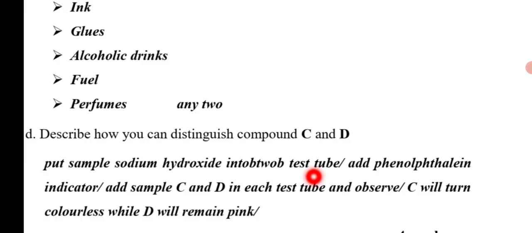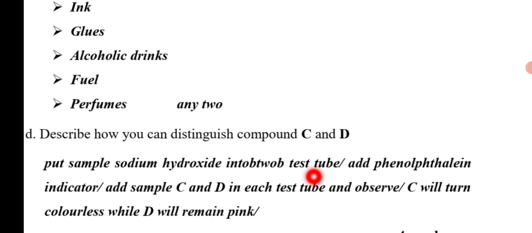So take note again. You get a sample of sodium hydroxide, put it into a test tube, and add the phenolphthalein indicator to it. A pink color is going to appear, and then separately you add sample C and observe, and also add sample D and observe the color change. It will be observed that C will turn colorless.